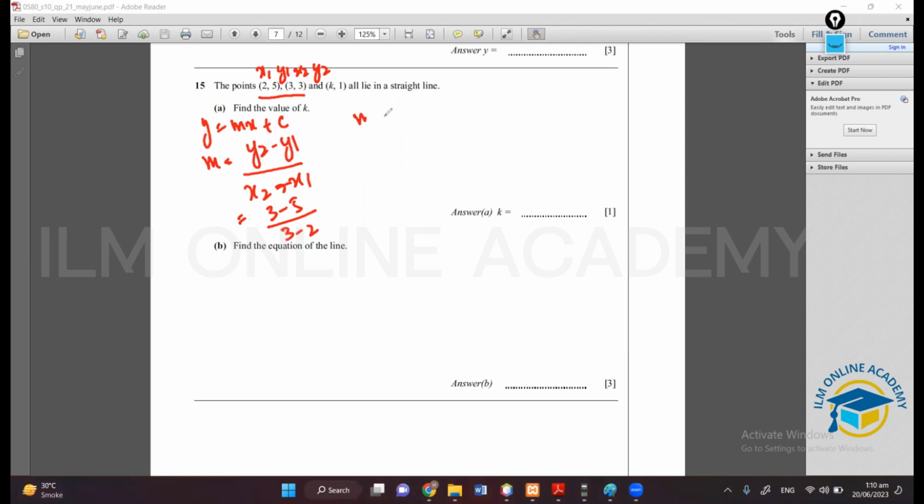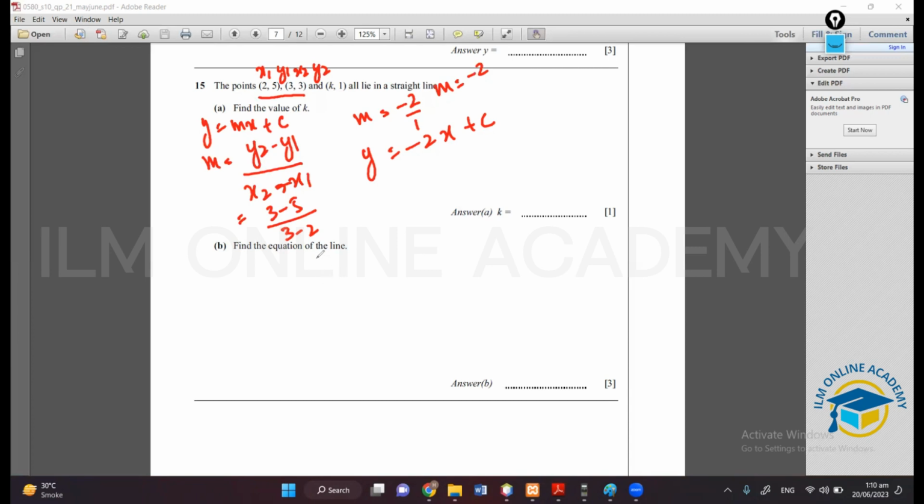So the answer would be minus 2 over 1. So m equals minus 2. Okay. So the equation would be y equals minus 2x plus c, right? Because this would be our standard equation. So in part A itself, we got to know the answer of part B, that the equation of this line will be minus 2x plus c.